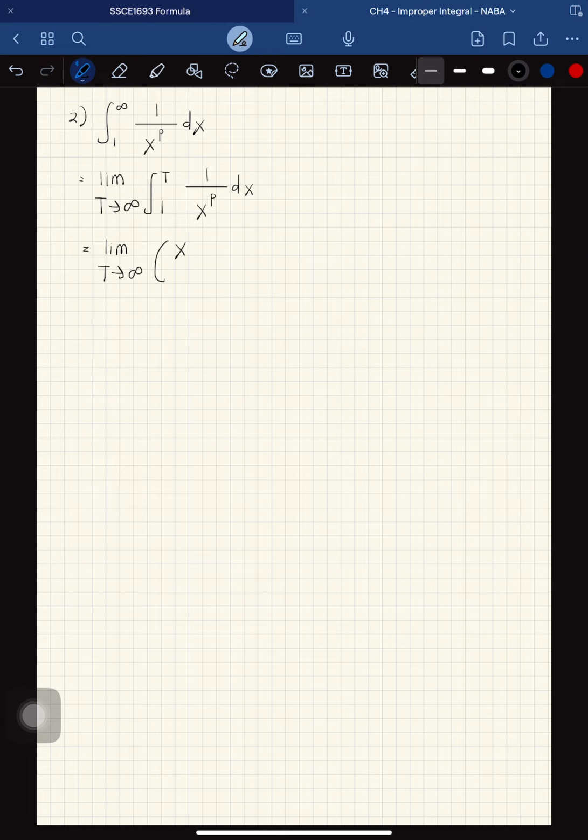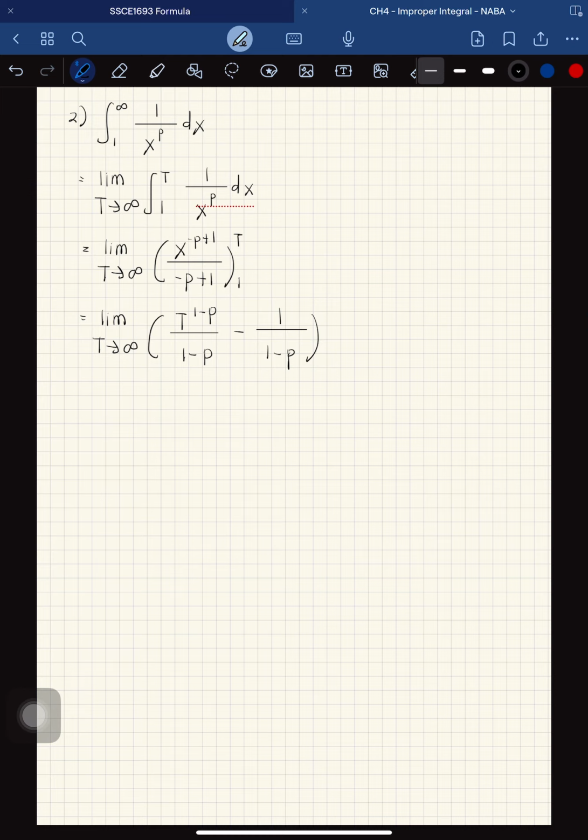So x to the power of negative p plus 1 over negative p plus 1, which equals the limit as t approaches infinity of t to the 1 minus p over 1 minus p, minus 1 over 1 minus p.